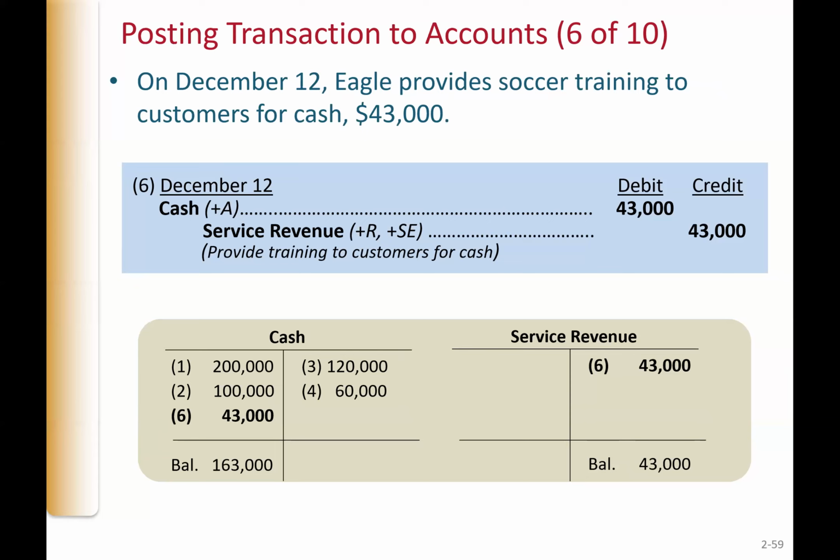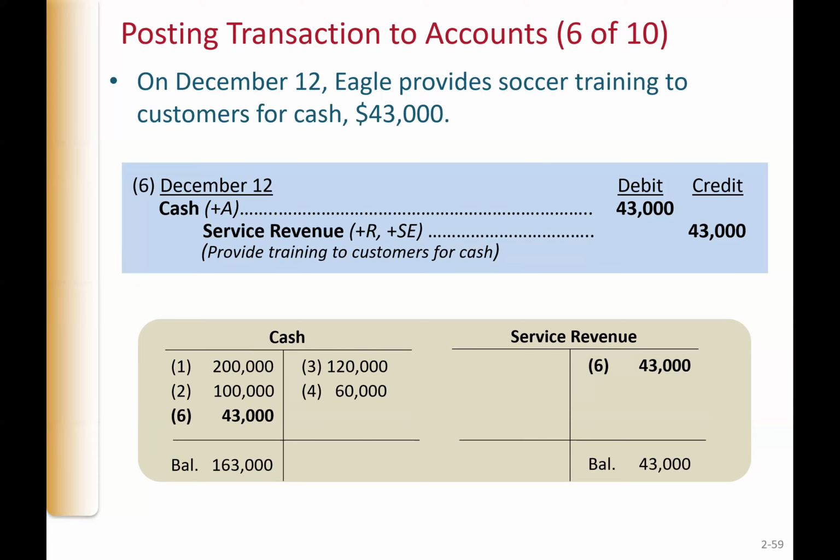In this one, Eagle provided soccer training to customers for cash. Our cash increased and our service revenue increased. Cash is an asset. When we increase cash, we debit it.